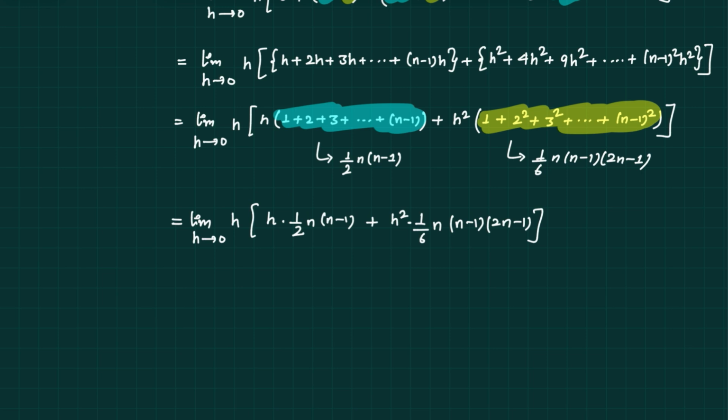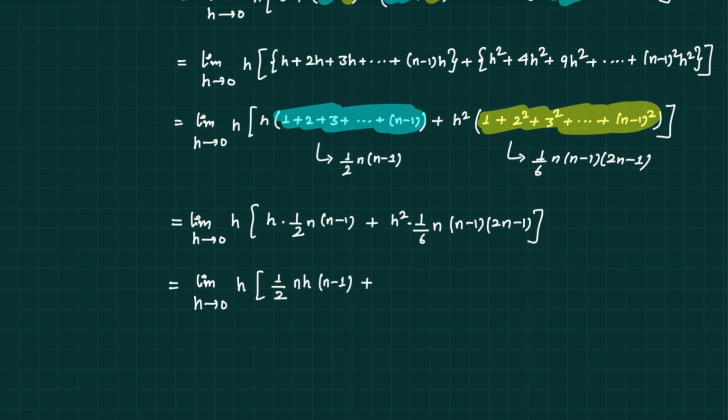So before multiplying with h, that is outside, let us write this as 1 by 2 and n into h here, n minus 1 plus 1 by 6. This h square let us separate with n into h, and let us multiply with 1 h inside this n minus 1, then here it will be n into h minus h into 2n minus 1.